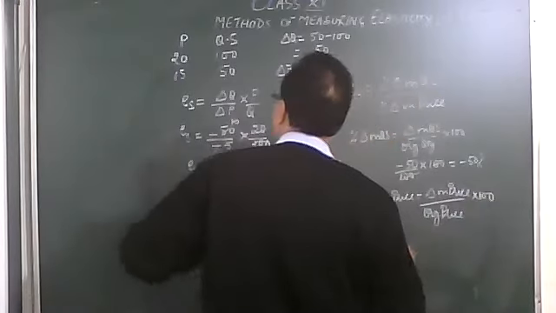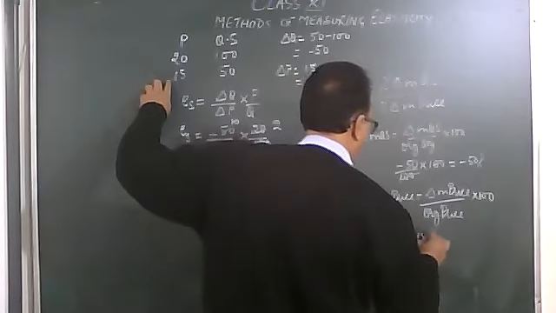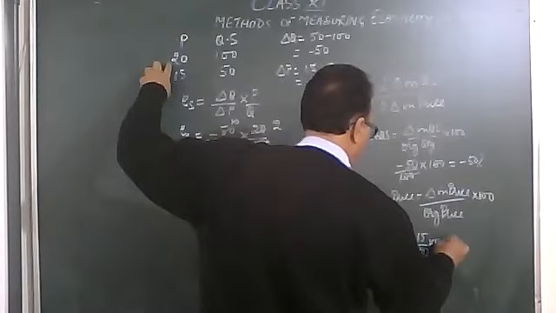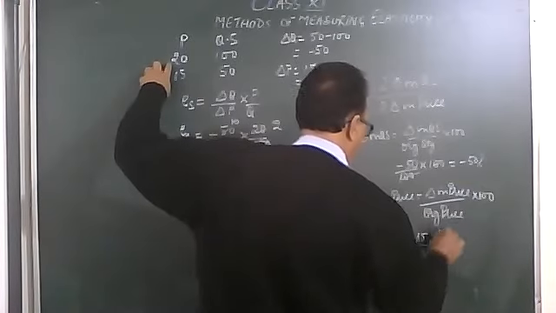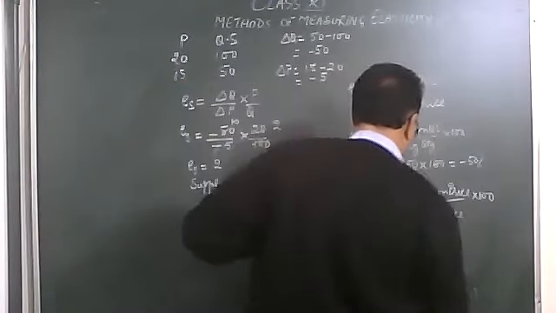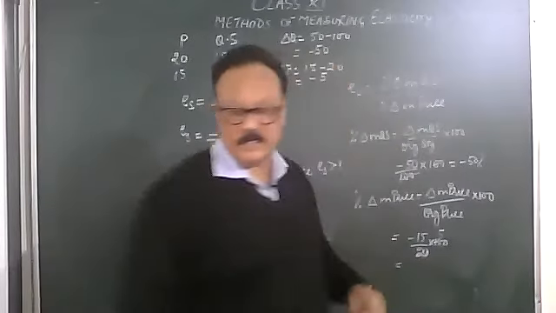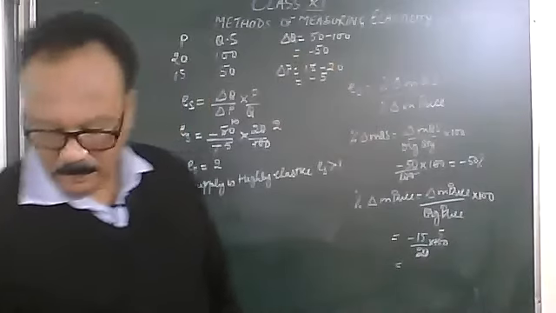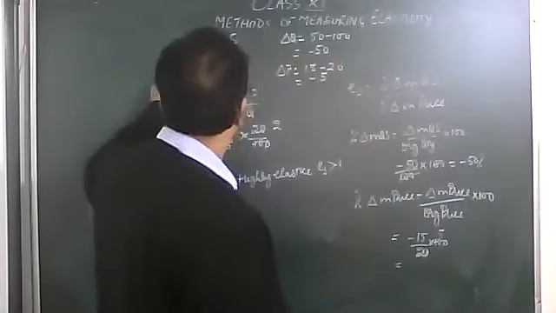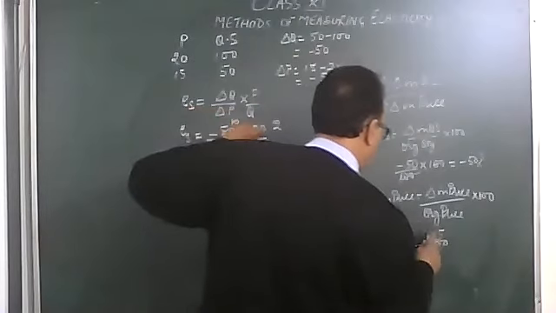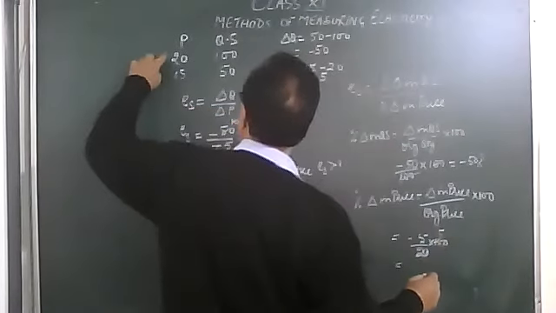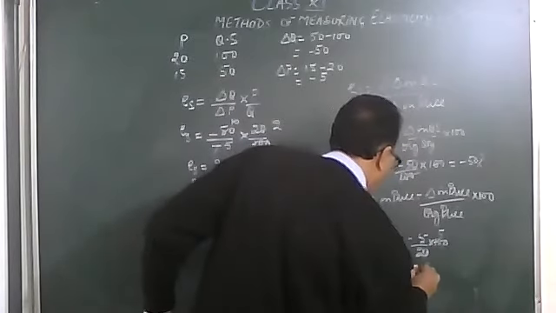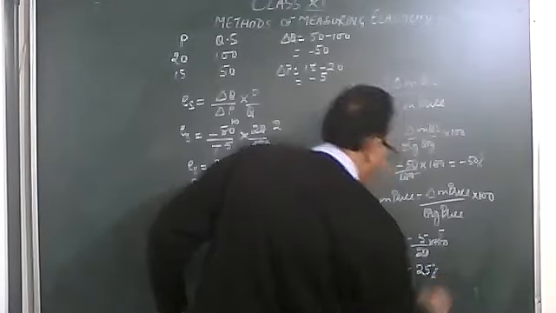Change in price is 15 minus 20, minus 5, upon original price 20 into 100, that is minus 25%.